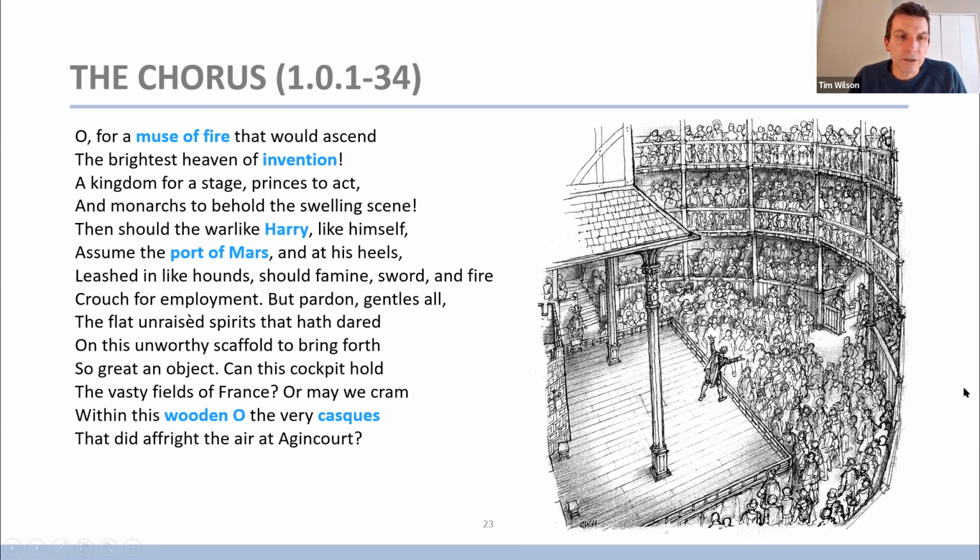But pardon, gentles all, the flat, unraised spirits that hath dared on this unworthy scaffold to bring forth so great an object. Can this cockpit hold the vasty fields of France? Or may we cram within this wooden O the very casques that did affright the air at Agincourt?